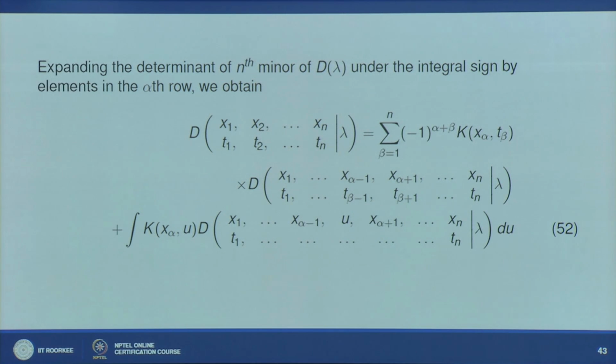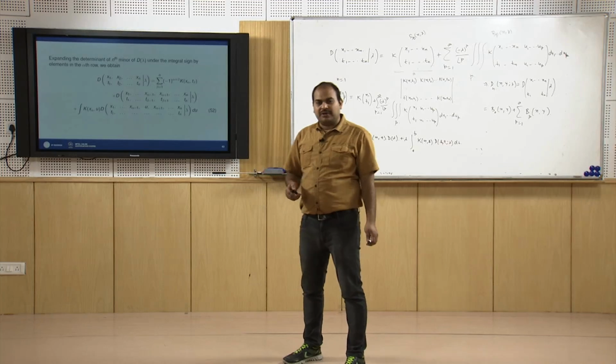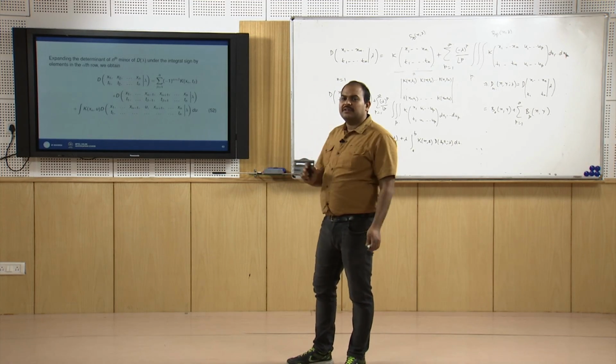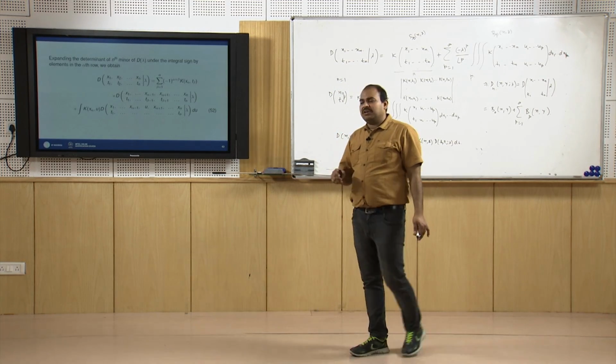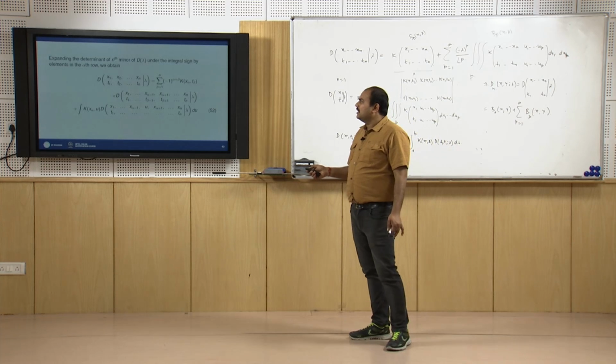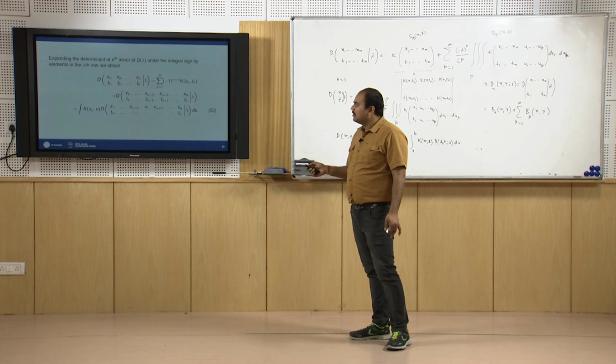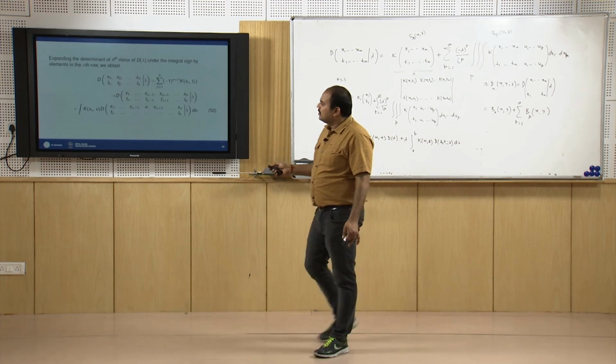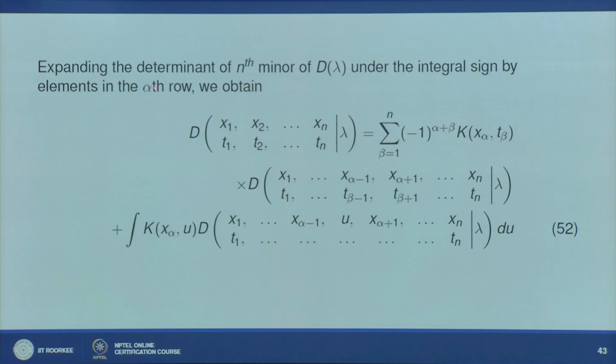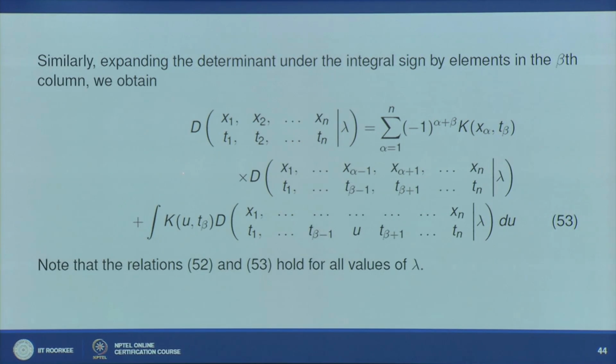This simplification involves a lot of calculation, so I am not presenting the calculation part here. The only thing I am giving here is that this nth minor of D lambda will satisfy this integral equation 52, when you do the expansion of your determinant along the alpha row. If you do the same expansion along the beta column, then we also have a similar kind of integral equation.